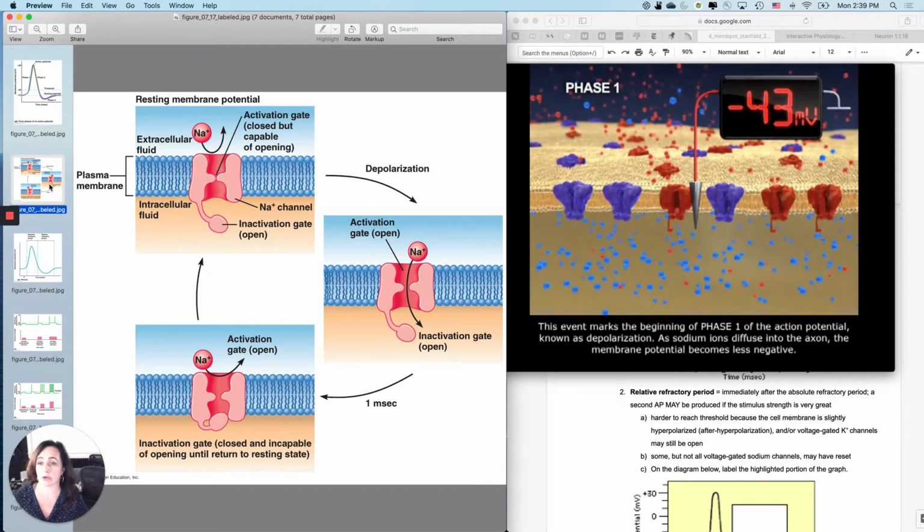So this is the figure from your textbook. So I'm sitting at resting membrane potential, and they draw them a little bit differently. So what's going to happen when I open one of the gates? This is basically opening your voltage gated sodium channel right here, which is the same that you're seeing right there. And then sodium can actually move in.